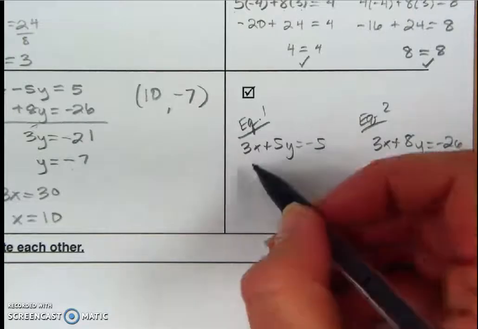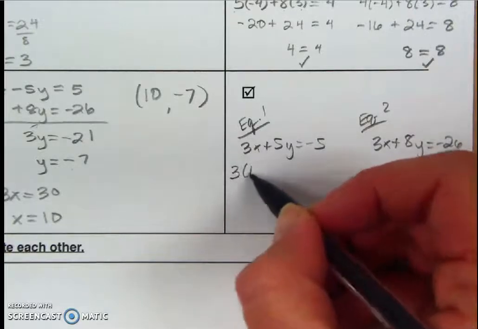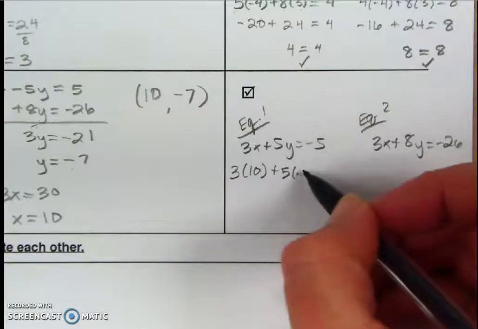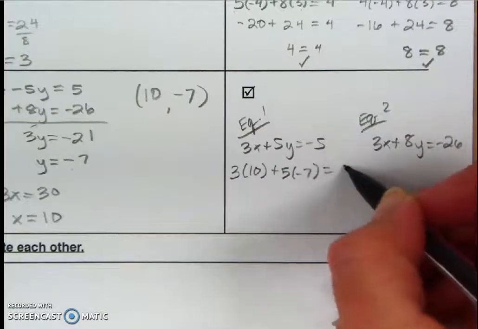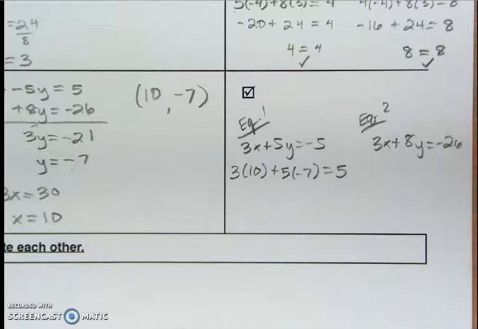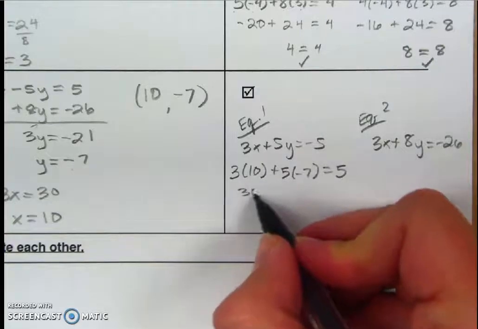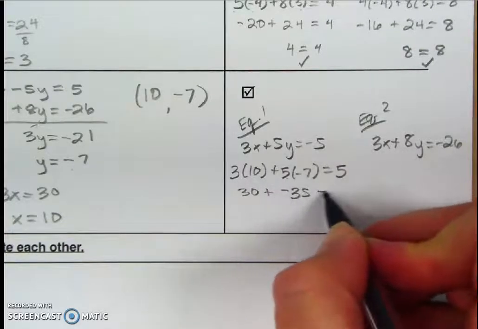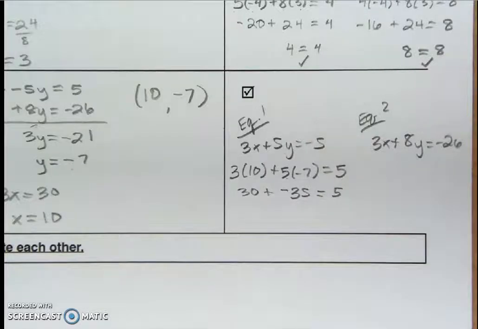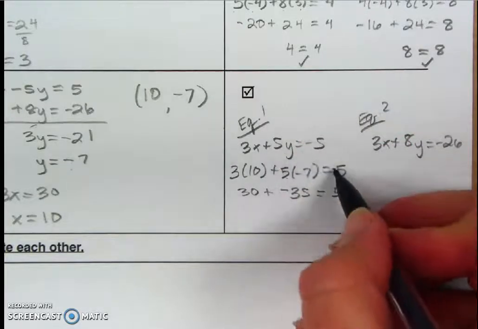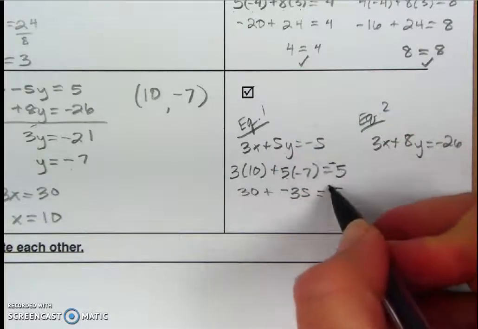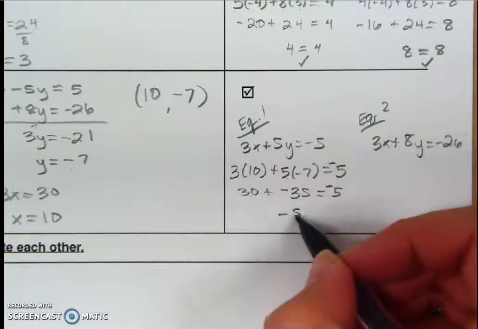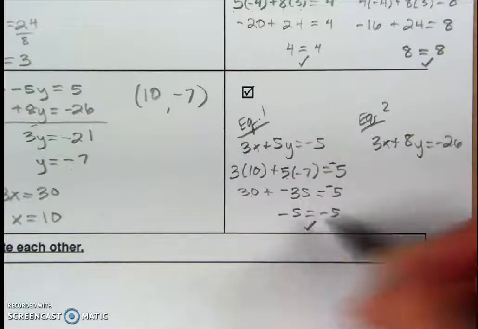So replacing the x with 10, we would have 3 times 10, plus replacing the y with -7 would give us 5 times -7, and hopefully it comes out equal to -5. 3 times 10 is 30, plus 5 times -7 is -35. I made a mistake in writing this right here. This is -5 on this side. So now 30 plus -35, that gives me -5. And so that does work out.